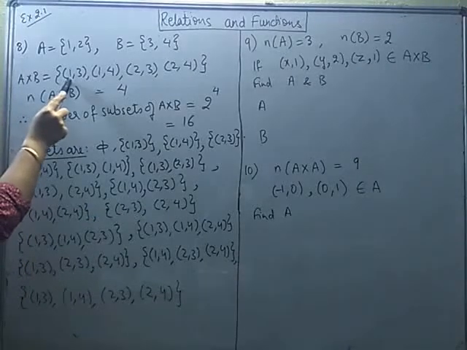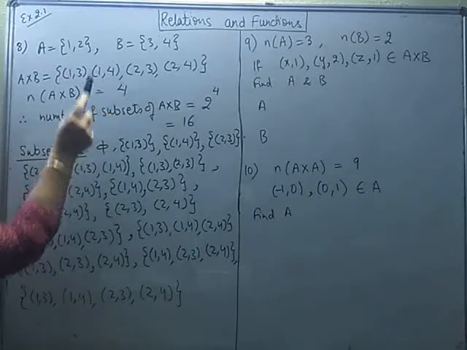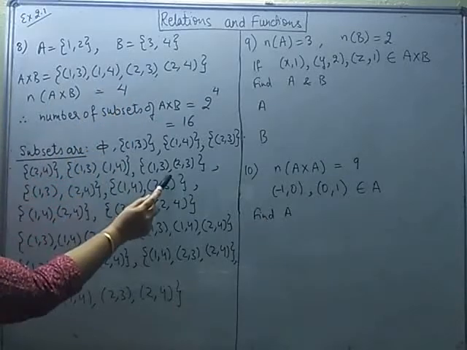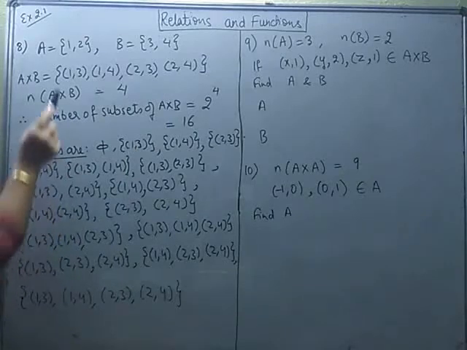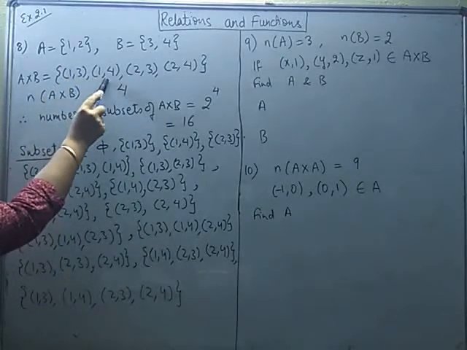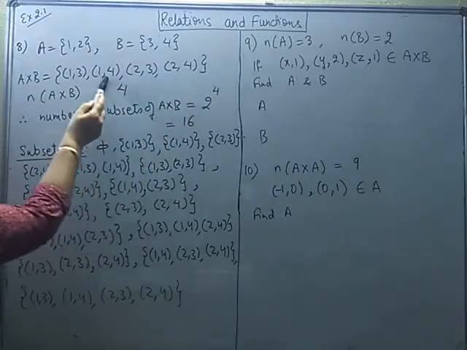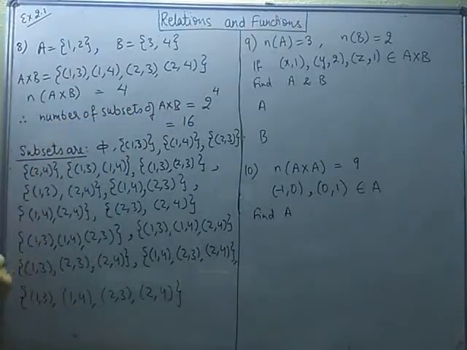I will write all the pairs with 1, 3. So 1, 3 can be taken with 1, 4. Then 1, 3 can be taken with 2, 3. 1, 3 can be taken with 2, 4. So I have written all the pairs with 1, 3. Then move on to 1, 4. So write its pair with the left out ones, because it has already paired with the previous one. So in that direction you do the pairing.